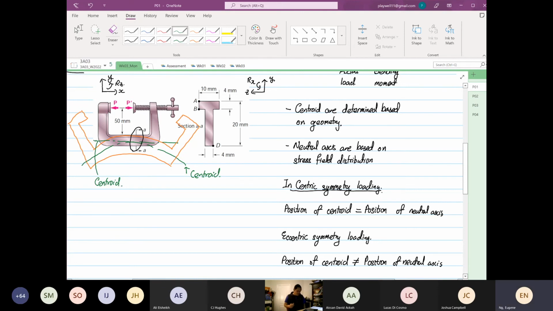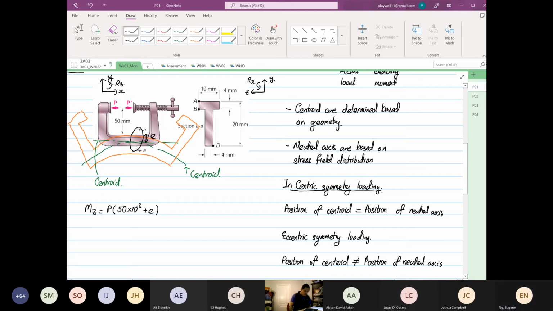Why do I emphasize the centroid? Because to get the moment about z, it is equal to P, 50 times 10 to the power minus 3, times e. So e is the distance from here to here.